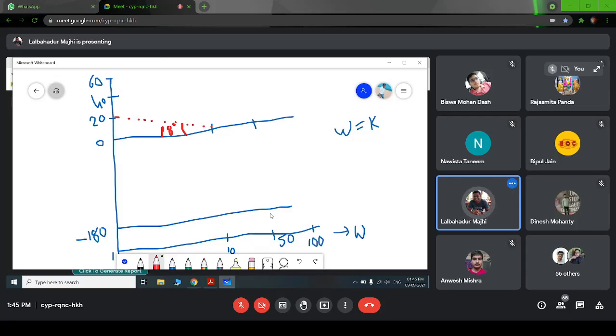In this Bode plot diagram, we have to draw this minus 20 dB per decade slope from this point, from omega is equal to k, which is 50 radian per second. From this point, we have to draw a line of minus 20 dB per decade, at the same angle, by using a protractor, around 18 degrees.